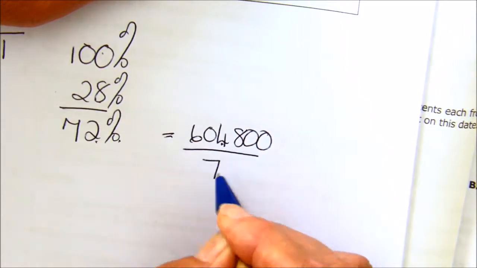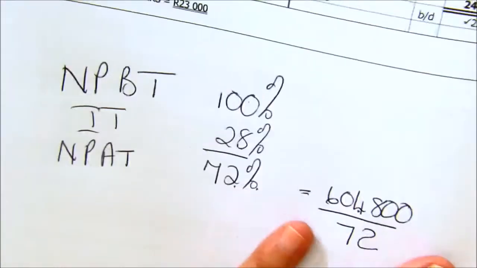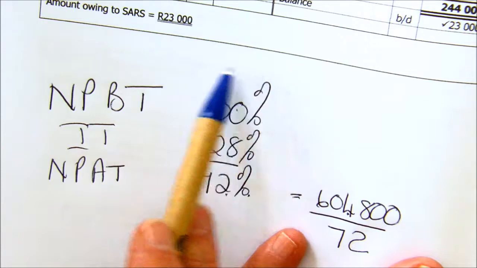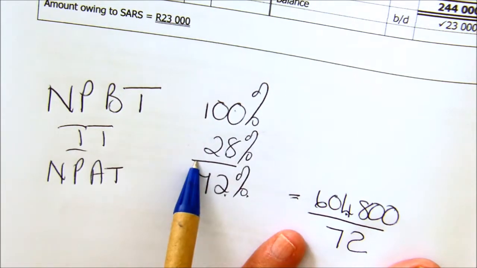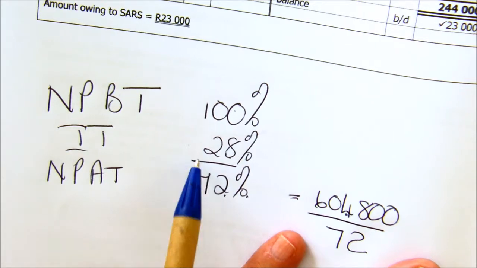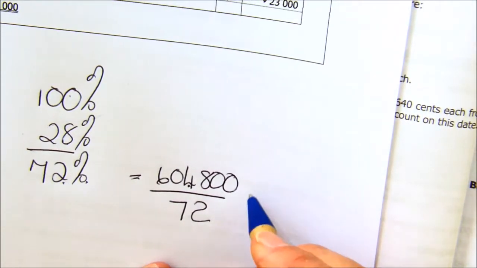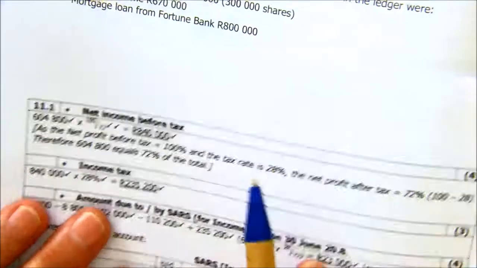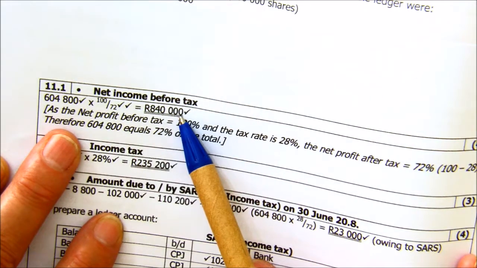So we're going to divide it by 72. And then, if I want to get the profit before tax, I'm going to times it by 100. If I want to get the income tax, I'm going to times it by 28. So, because they asked me to get the profit before tax over here, I'm going to times it by 100. And there you are, you can see, as they give it to you, is 840,000.